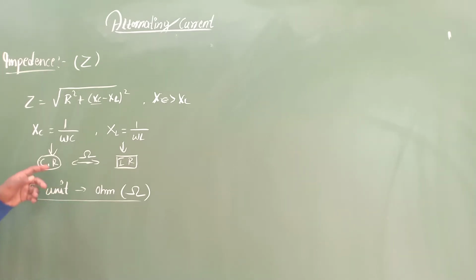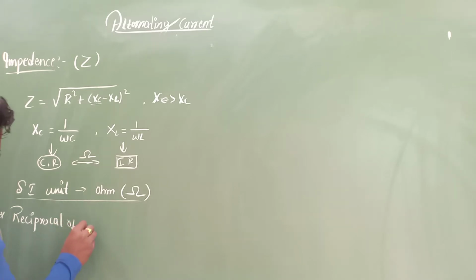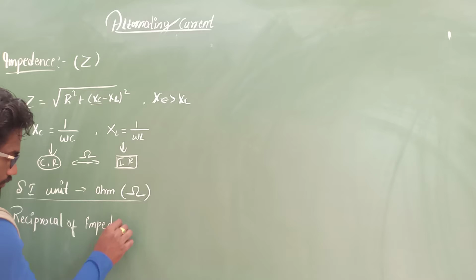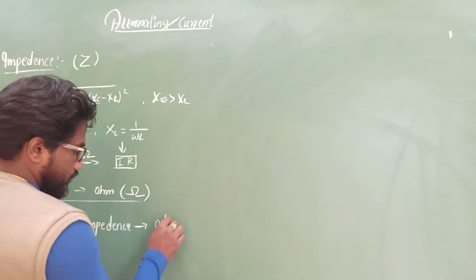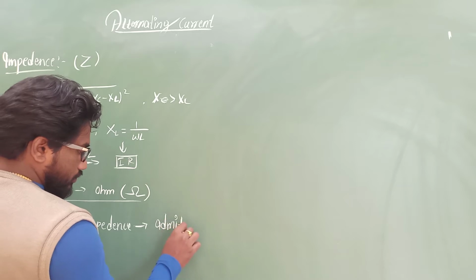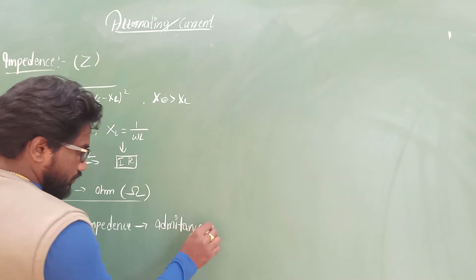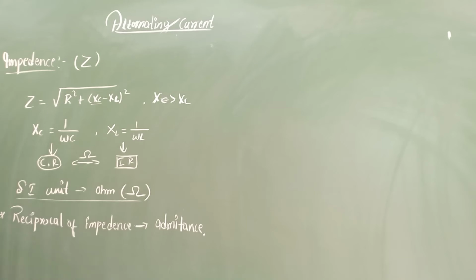Now what happens if we take the reciprocal of this impedance? The reciprocal of impedance is admittance.